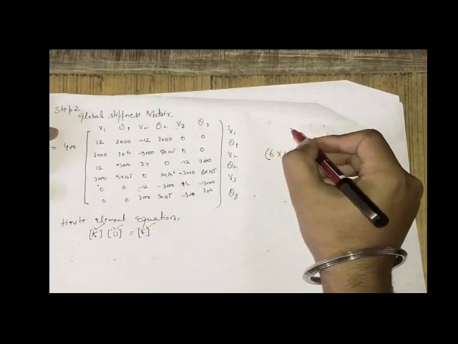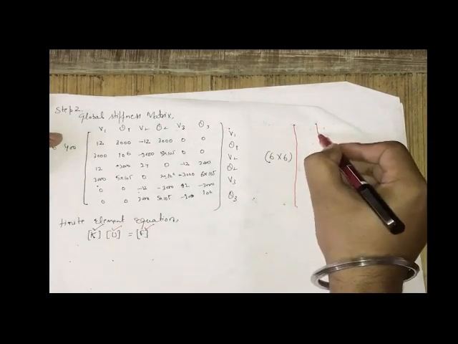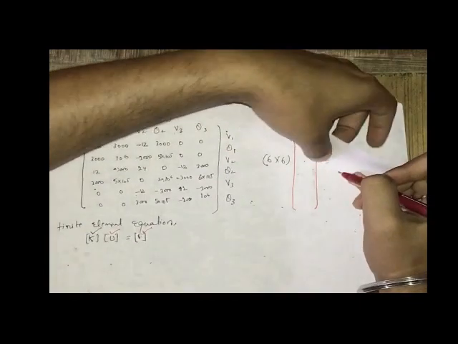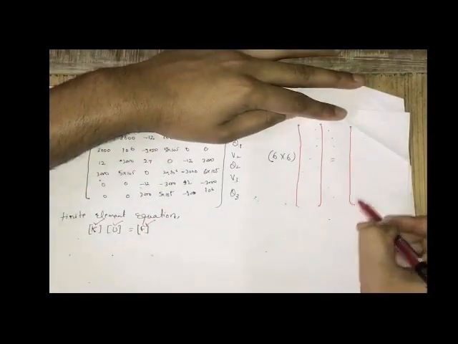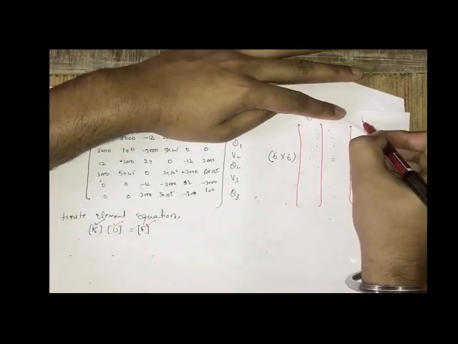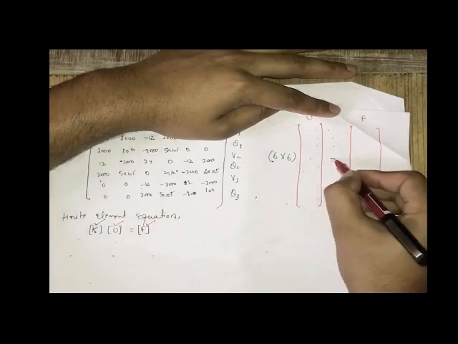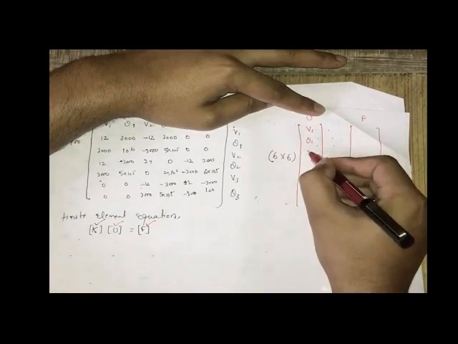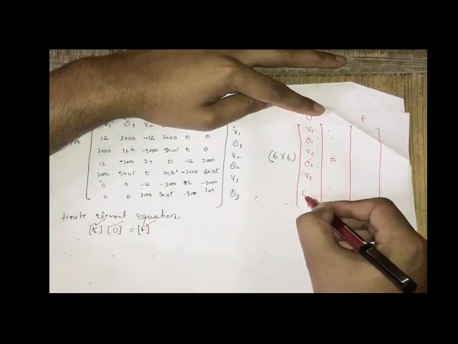So here displacement is nothing but it is 1 into 6 meter, and here is the force vector. So it is u and it is the f vector, and this is the v1 here, theta 1, v2, theta 2, v3, theta 3.